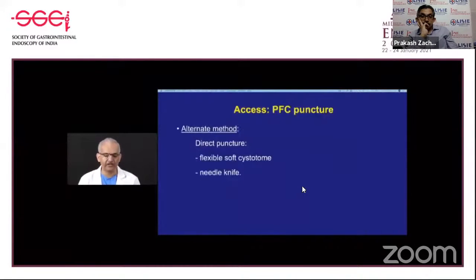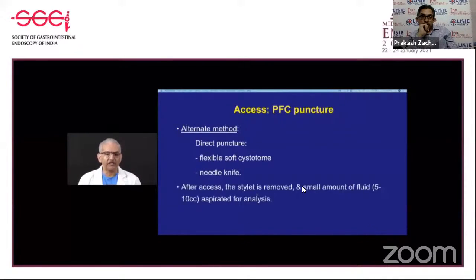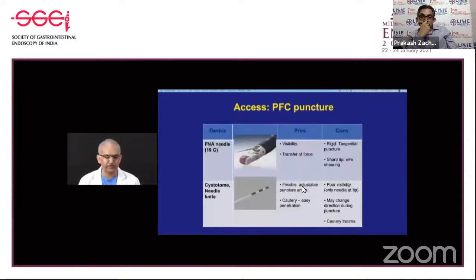There are alternate methods of access to the pancreatic fluid collections, and these can be either direct puncture using a flexible soft cystotome, which I mentioned earlier, a 6 French cystotome with a combination of 10 in the same assembly, or some centers prefer needle knife, but this is a very dangerous equipment to be used for access. I will explain it later. And whichever way we enter, we aspirate the fluid after removing the stylet, and this is sent for analysis or cultures and so on and so forth.